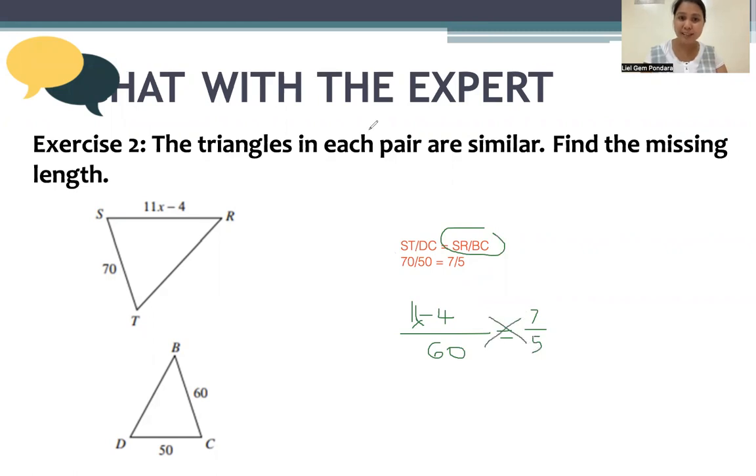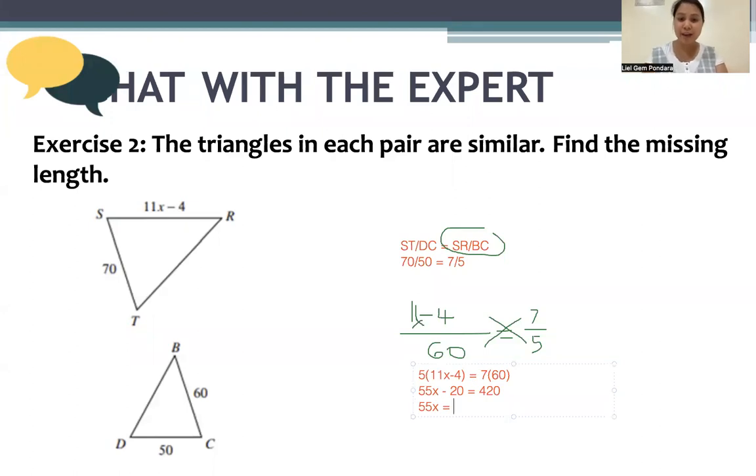We will cross multiply them. So we will have 5 times 11x minus 4 is equal to 7 times 60. We will distribute 5 times 11x is 55x. 5 times -4 is -20 is equal to 420.